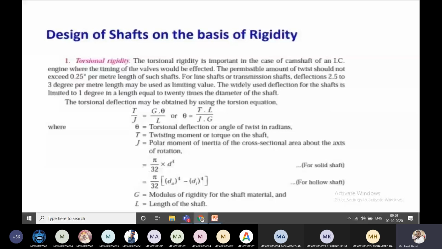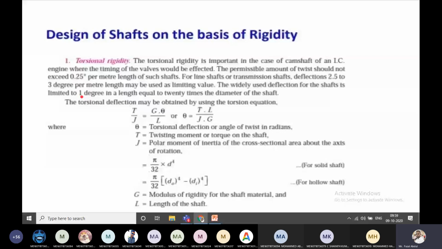Torsional rigidity is an important term in camshaft design. Camshafts are used in IC engines, that is, internal combustion engines, in two-wheelers, four-wheelers and train engines.